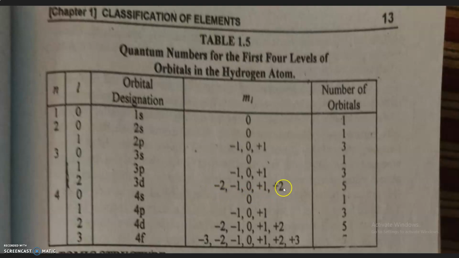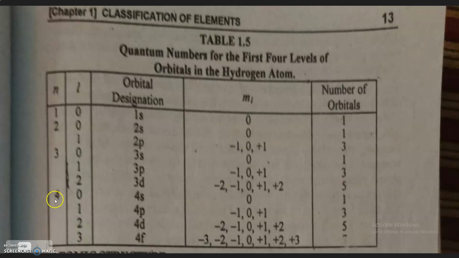This is the maximum here. For 3p, it will be -1, 0, +1, and for 3s, it will be 0. The number of orbitals for 0 is 1, like 1s, for this it will be 3, and for this one it will be 5. So this is for the s orbital, this is for p, and this is for the d orbital.